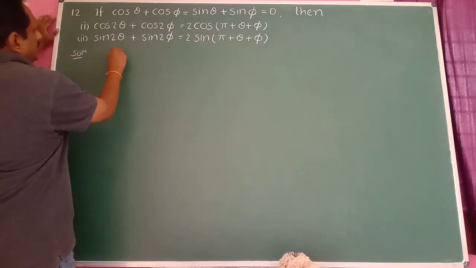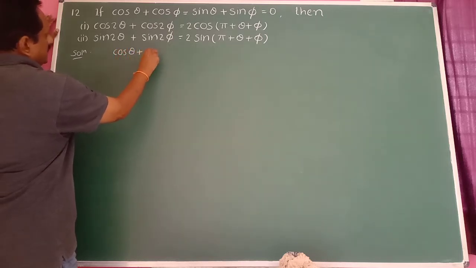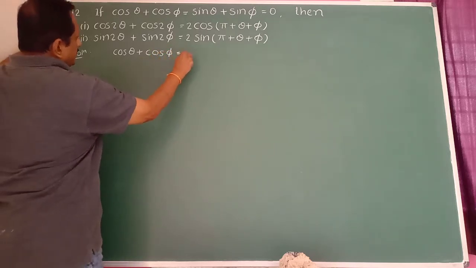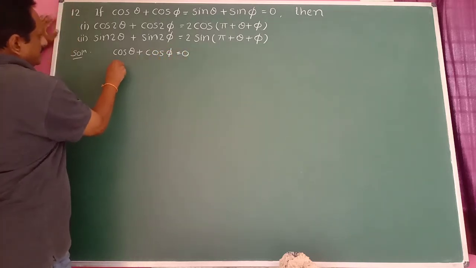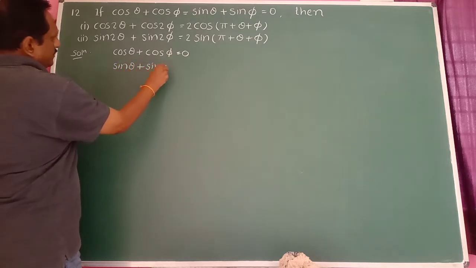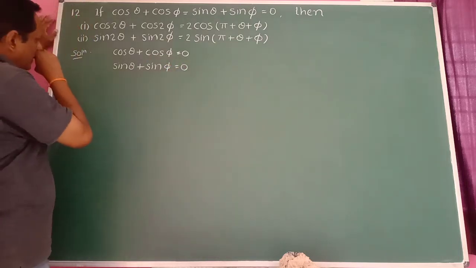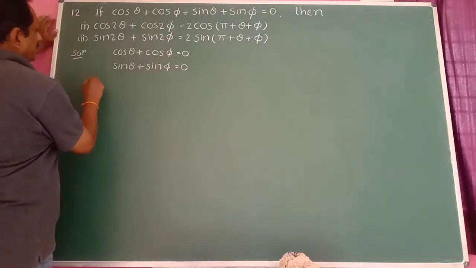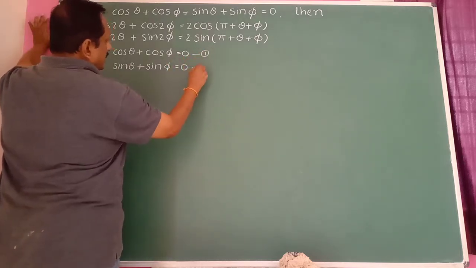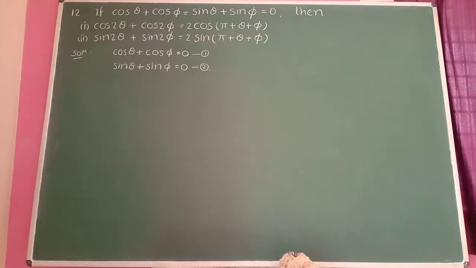Given that cos theta plus cos phi is equal to 0, then sin theta plus sin phi is equal to 0. Take this one as equation number 1 and this one as equation number 2.